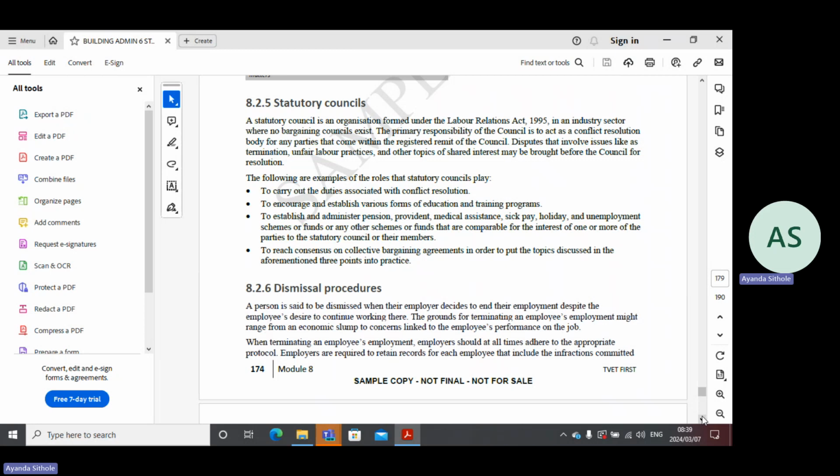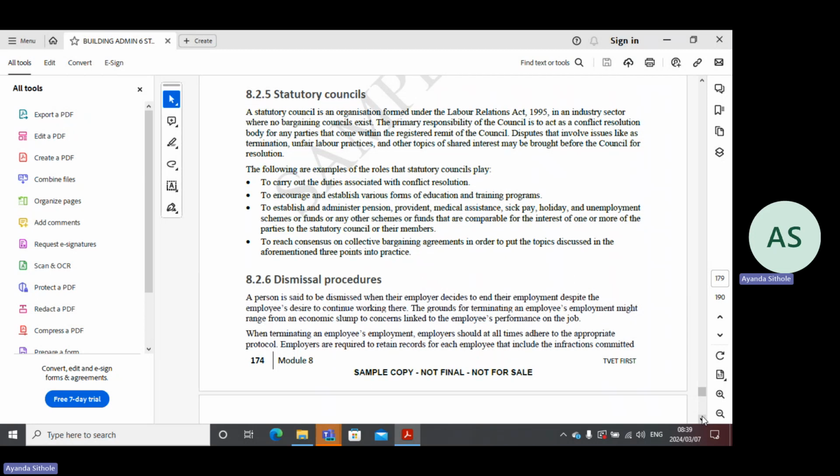Disputes that involve issues like termination, unfair labor practice, and other topics of shared interest may be brought before the council for resolution. So we have examples of roles that the statutory council plays. Go through those examples, guys.